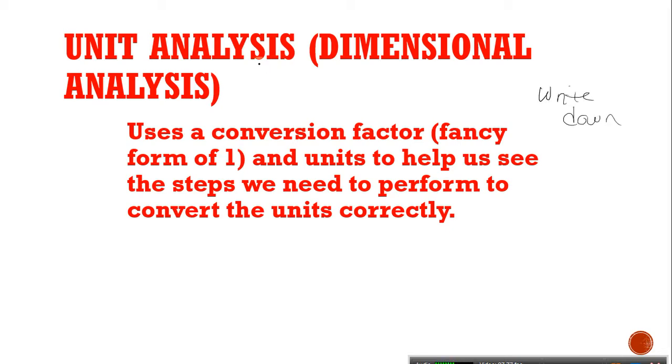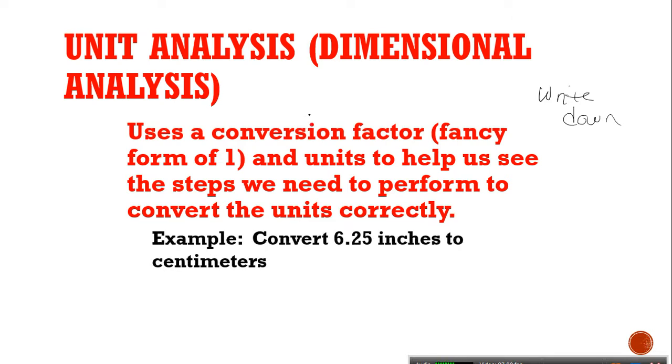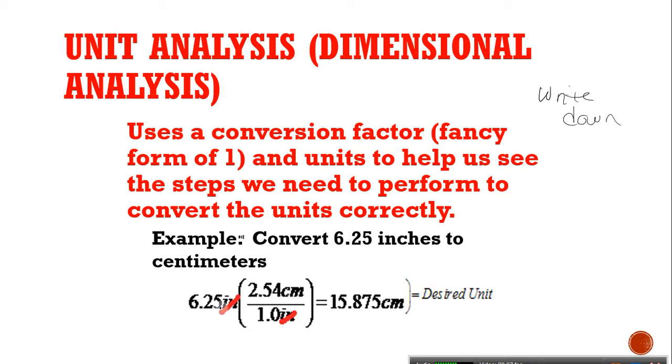In unit analysis, which is what we're looking at, we're going to use a conversion factor, which is basically a fancy form of 1, and units to help us see the steps we need to perform to convert the units correctly. So an example, we need to be able to convert 6.25 inches to centimeters. If you look here, I have an example of that. Notice how I have 6.25 inches, and look how I have 2.54 centimeters.